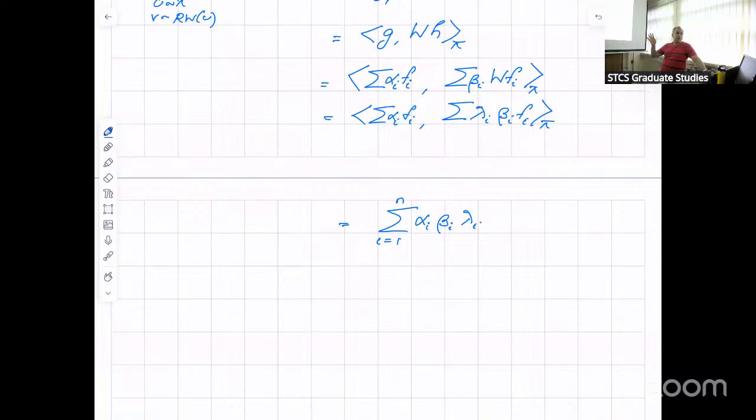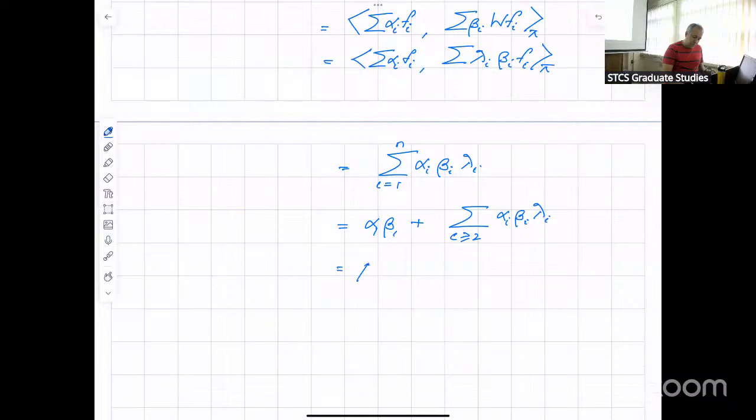All the cross terms vanish because of orthonormality. That's the nice thing about working with the orthonormal eigenbasis. Furthermore, this is alpha 1 beta 1 plus summation over I greater than or equal to 2 of alpha I beta I lambda I.